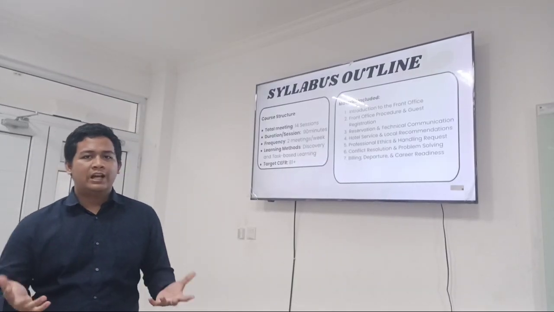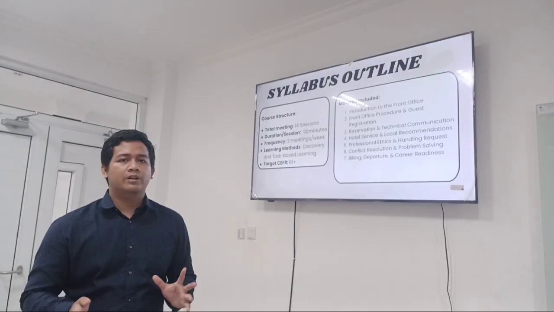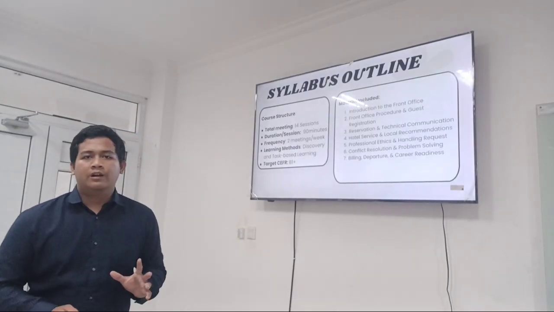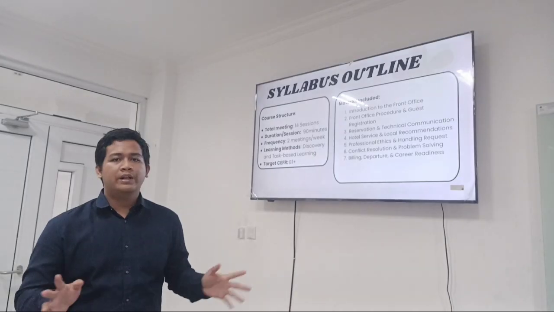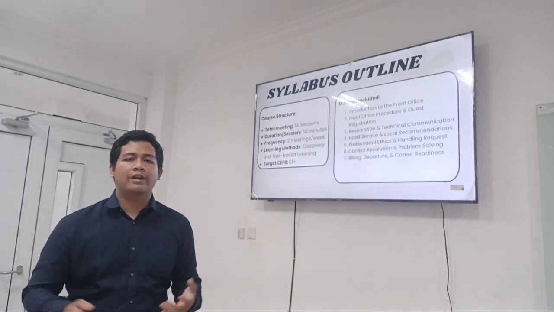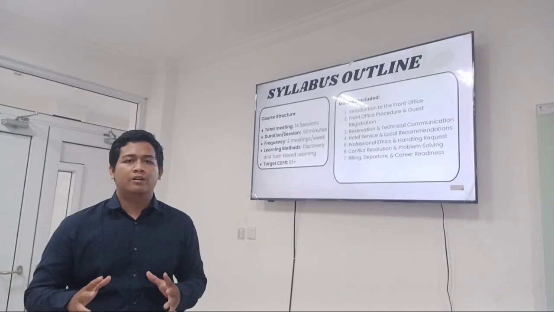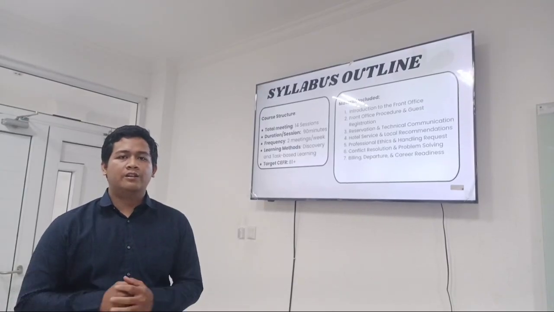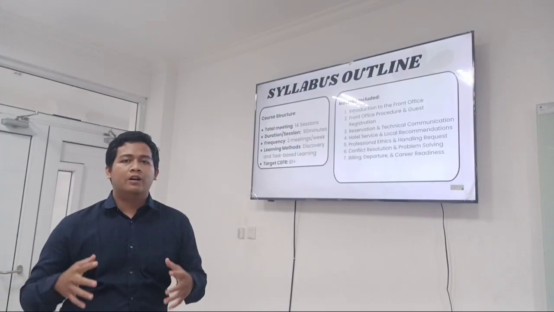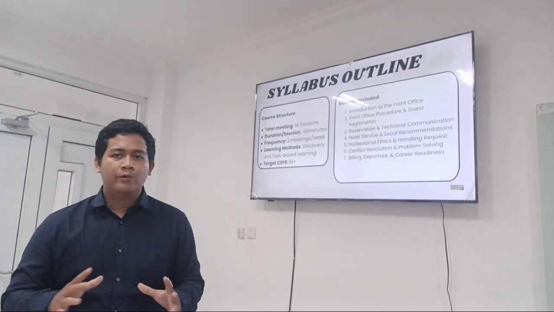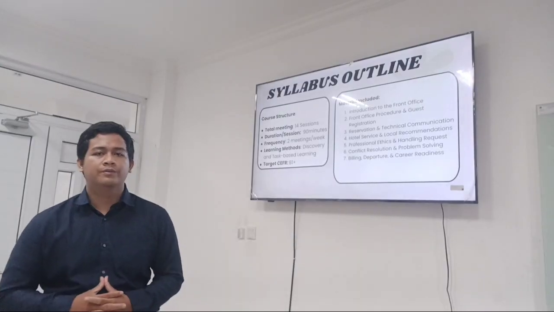Next slide, we have the outline. This slide presents the syllabus outline of the ESP course. The course will consist of 40 meetings with each session lasting about 90 minutes, conducted twice a week. This structure is designed to provide sufficient exposure and practice without overwhelming the student.